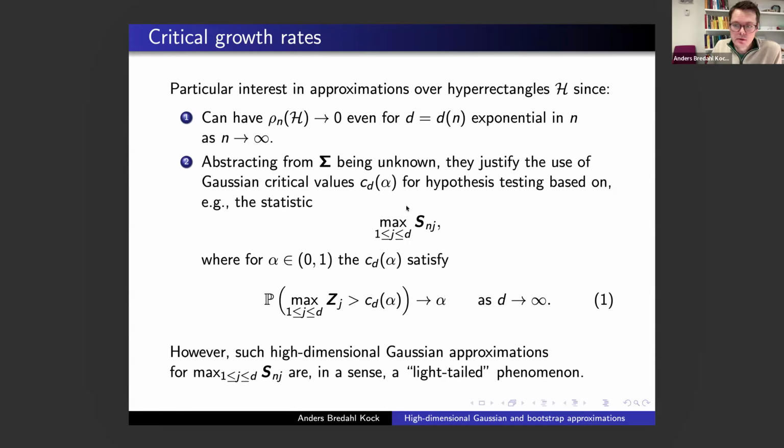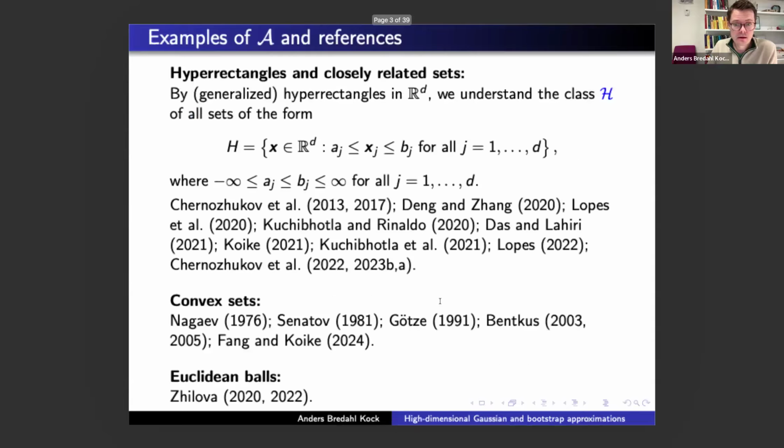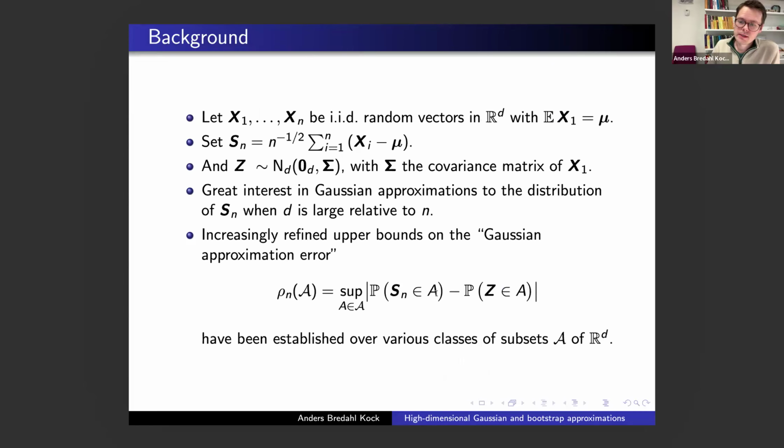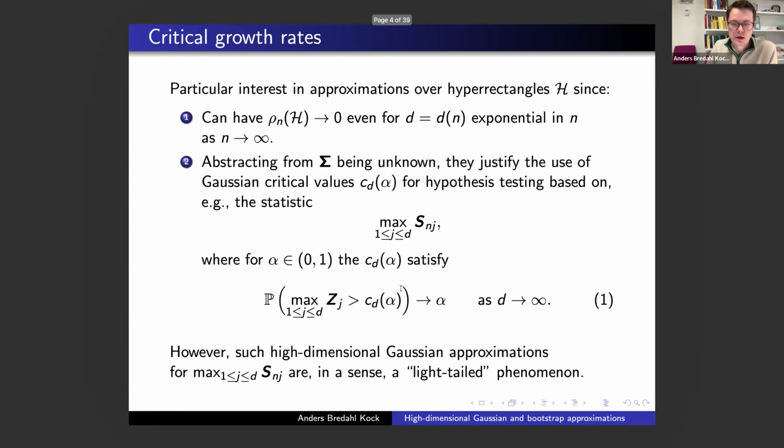Because if you have a sequence c_d(alpha) satisfying, under normality, that the probability of the maximum of a normal vector with a mean of 0 and variance-covariance matrix sigma falling above c_d(alpha) tends to alpha, and if furthermore this approximation error tends to 0, well then of course also the probability of my statistic falling above c_d(alpha) tends to alpha. That is, I can construct tests with the desired asymptotic size if I can establish such Gaussian approximations over hyperrectangles.